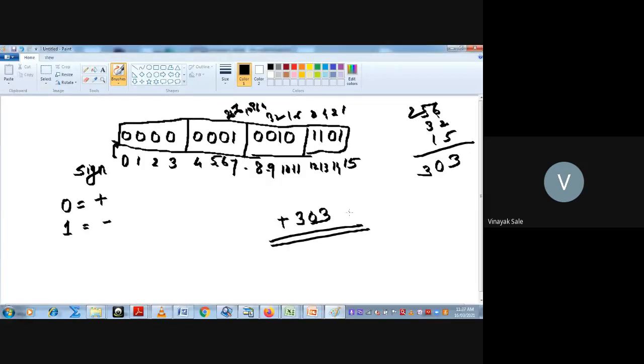This is decimal format of this given format. When it is converted in octal, it gives another format, but zeroth bit is always known as a sign bit. Okay, whether it is a 0, then it is positive, whether it is 1, then it is negative.